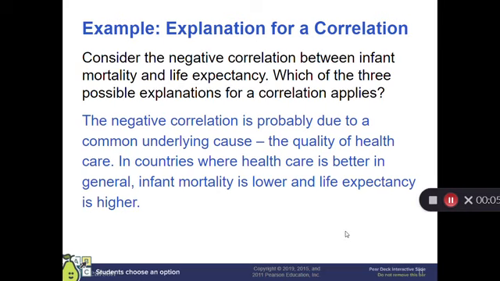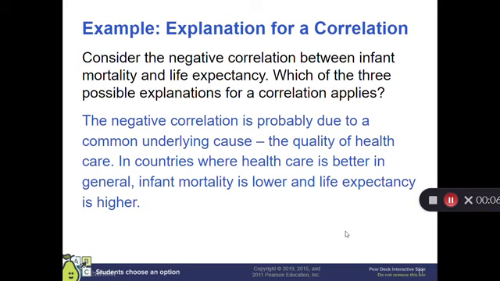Here's an example where we have a negative correlation between infant mortality and life expectancy. The correlation here is probably more due to a common underlying cause. If you think about this realistically, just because someone lives to the age of 75 doesn't mean that a child in their family is also going to survive past a year old, right?